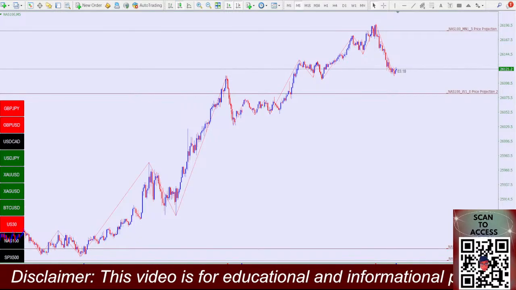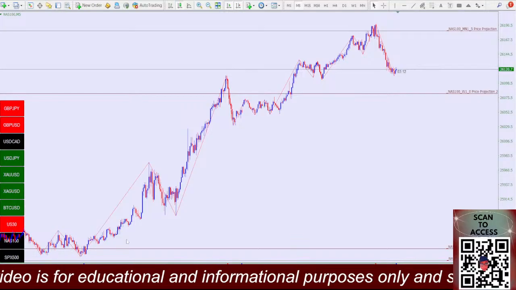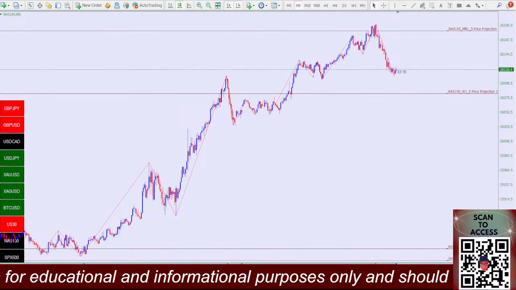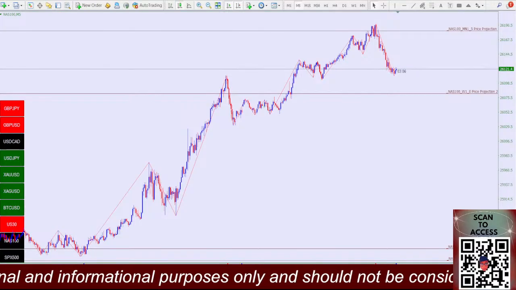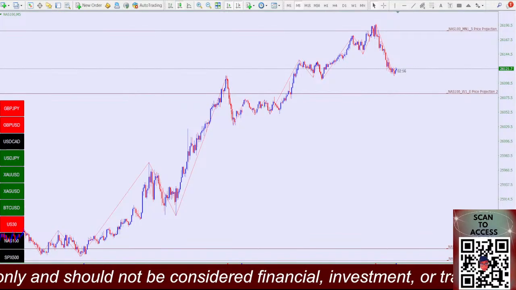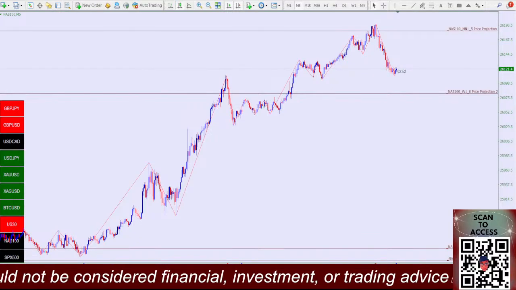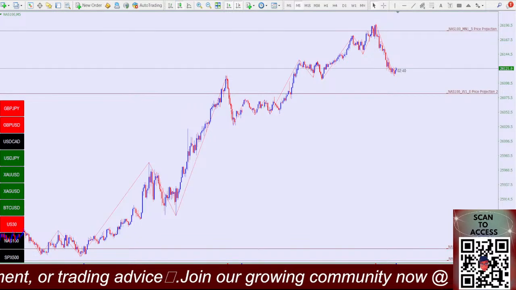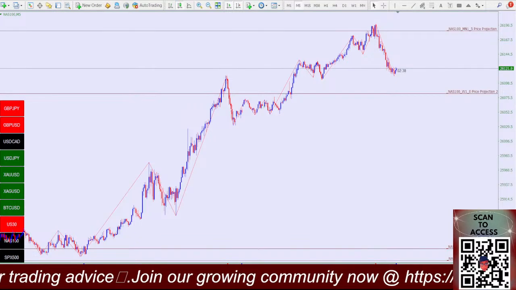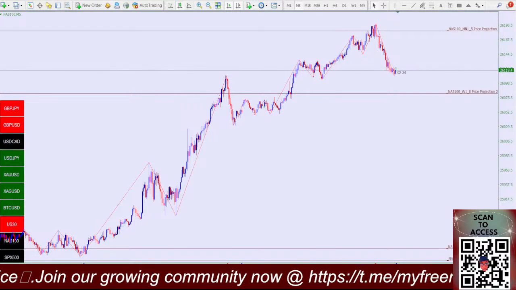Every single movement that you see, up, down, sideways, is a result of buying and selling decisions by big players. They wait for zones where there is liquidity, where orders are resting, where traders are buying and selling.